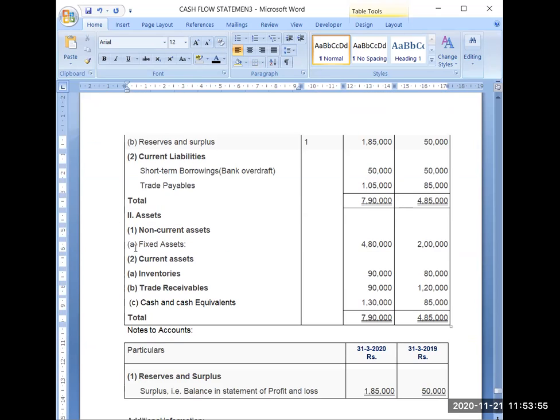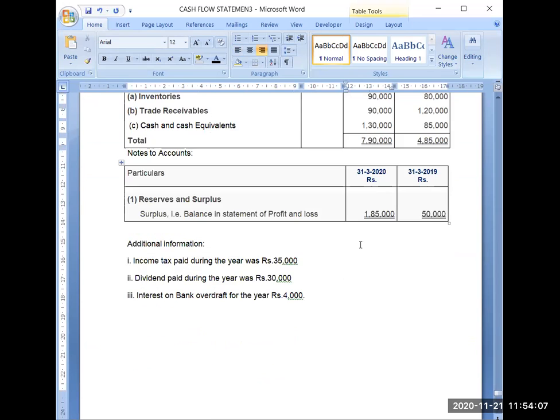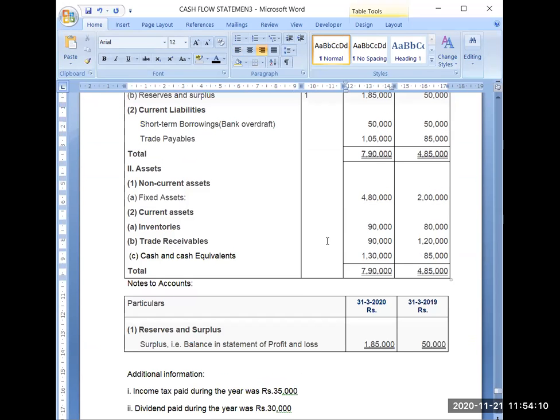So for investing activity, I know that I have to look in the fixed assets section. Now opening balance is given, closing balance is given, but no more information is given. So even if I prepare the fixed assets account in working notes, I will get a purchase of 2,80,000 because the opening balance is 2 lakh on the debit side, closing balance on the credit side is 4,80,000.